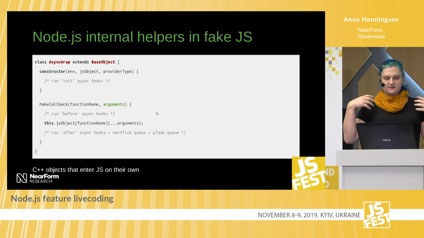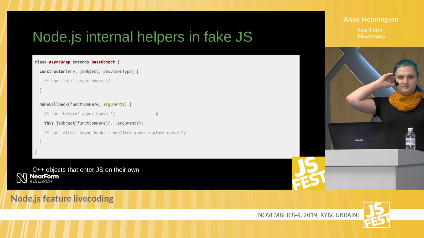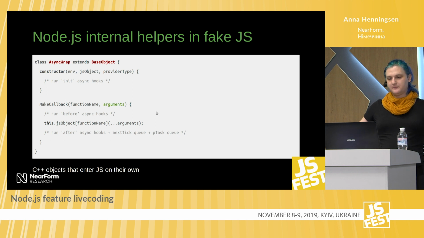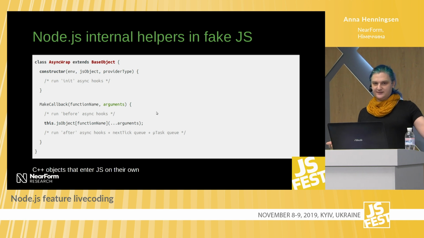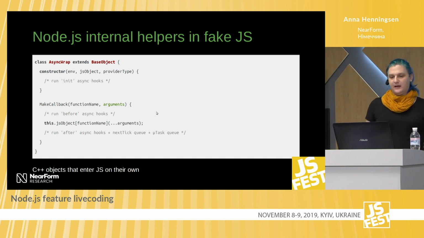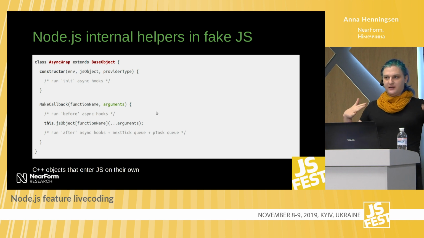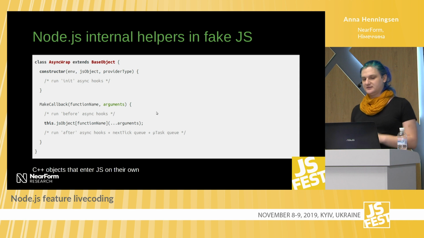So if you call from C++ into JavaScript and you have no other JavaScript running below it, which is the typical case for async operations, for example when a file system request finishes and it calls its callback, that happens without any JavaScript running at the same time. It's only the event loop that calls into this.